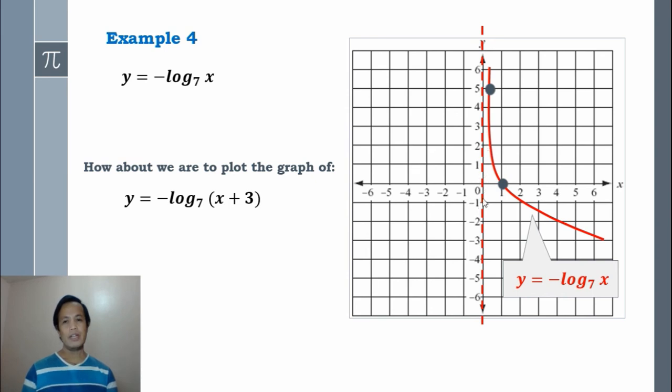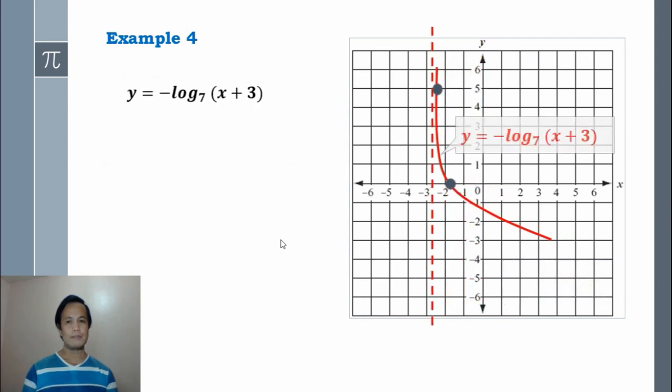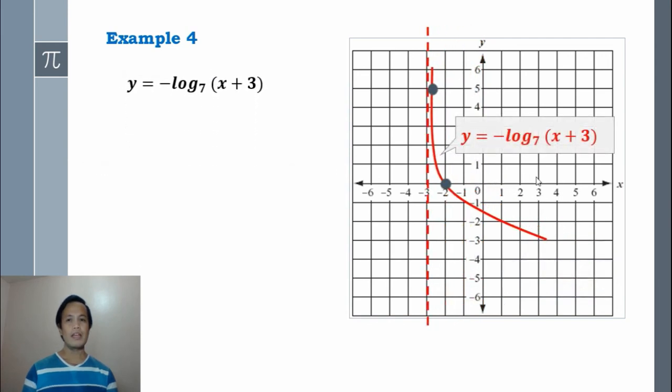So our vertical asymptote will also move 3 units to the left. From this original vertical asymptote, we will have 1, 2, 3. So this is now our new vertical asymptote. Then the point will also move 3 units to the left. So the graph of this function will look like this. Okay, this is now the graph of this function.